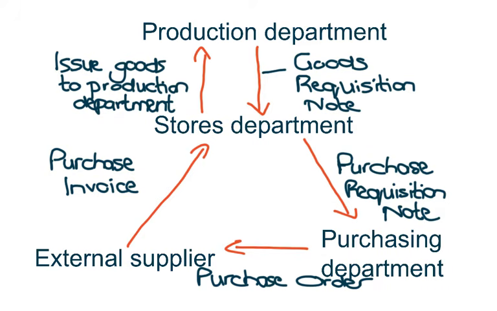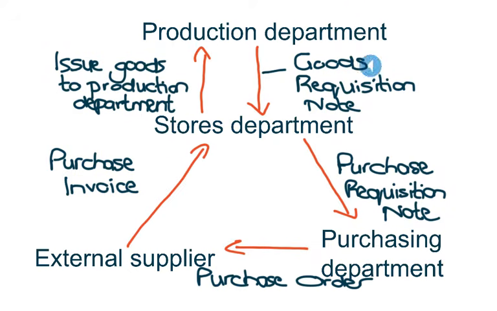The purchasing department must now purchase from the supplier, so they will create a purchase order. And then the supplier will deliver to the stores department, and they will send a purchase invoice. And when the stores department receive these goods, they will issue the goods to the production department.